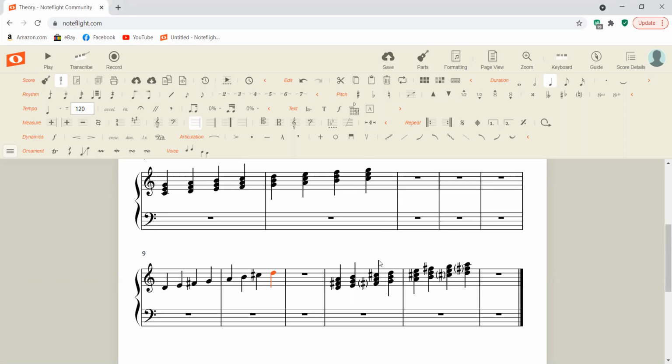So let's look at D major's triads. Once again, D major, our 1 chord, is again major. The 2 chord, this time E minor, is going to be, as I said, minor. 3 chord F sharp minor. 4 chord G major. 5 A major. 6 B minor. 7, if you take a look, C sharp diminished.